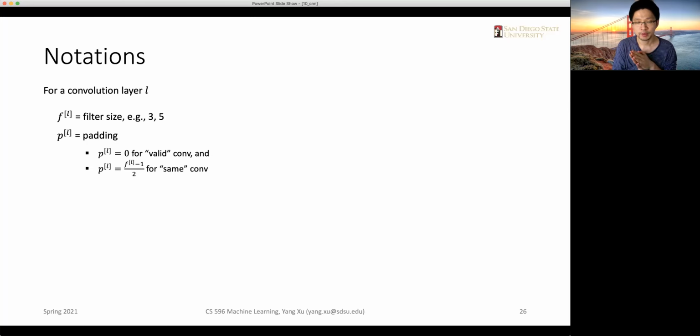When no padding is used, it's called a valid convolution. When padding is used so that the output has the same height and width as the input, it's the so-called same convolution.